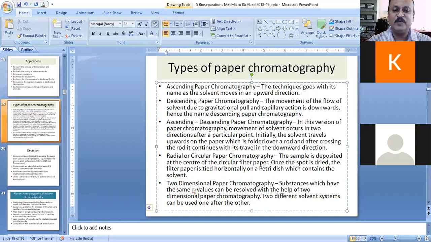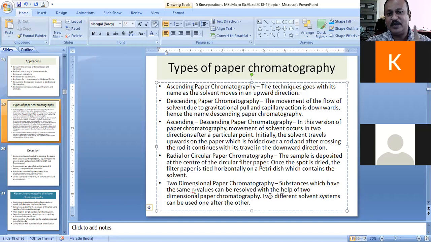So what we do is we put the paper in the solvent system and allow the chromatographic separation to take place in one dimension. After the run, we remove the paper and change the direction of the paper by 90 degrees, then put the paper in another solvent system. If you use another solvent system, it means the polarity is changed, and because of the different polarity of the mobile phase, the components which were close together forming a single spot will get easily separated from each other. Are you getting what I'm saying?